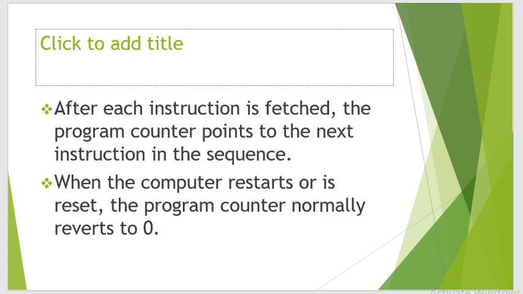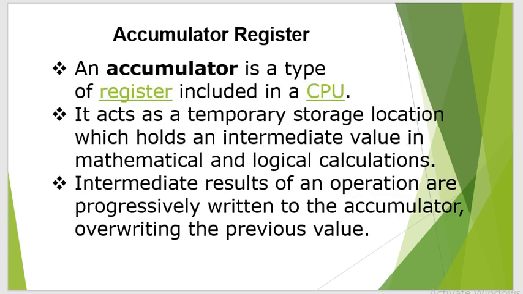Then accumulator register. So what do you mean by accumulator register? Already we discussed the accumulator register, base register, index register, some other registers, temporary registers, direct registers, indirect registers. So these are all the flag registers.